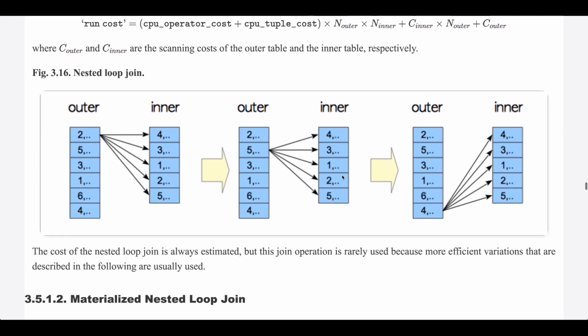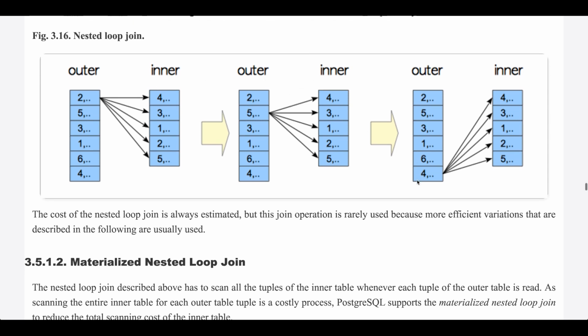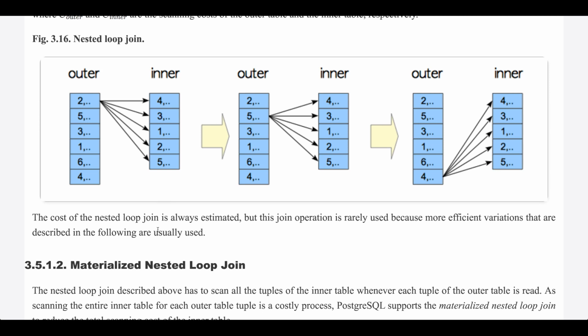Figure 3.6, nested loop join. Outer, inner. The cost of the nested loop join is always estimated, but this join operation is rarely used because more efficient variations that are described in the following are usually used.